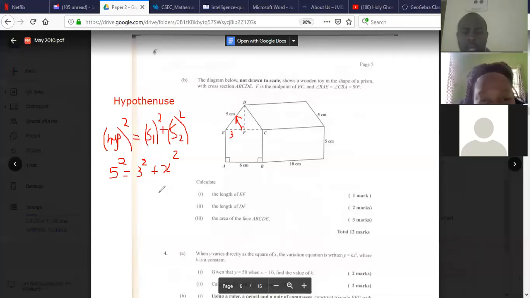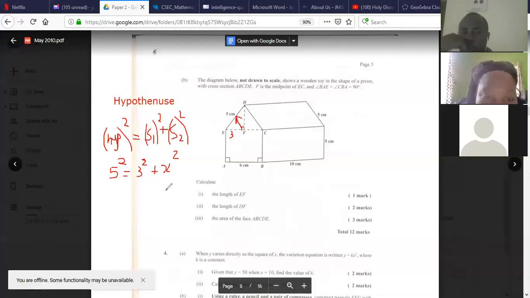Like we said, the hypotenuse squared is always equal to side 1 squared plus side 2 squared. So what would we do with this?